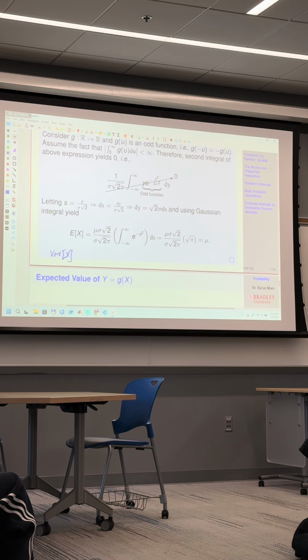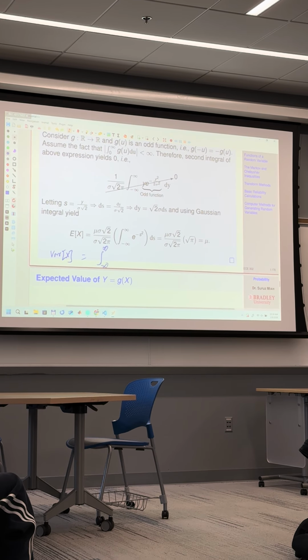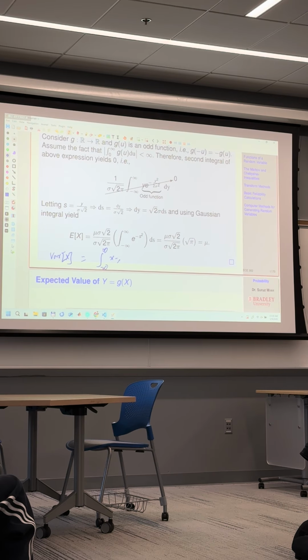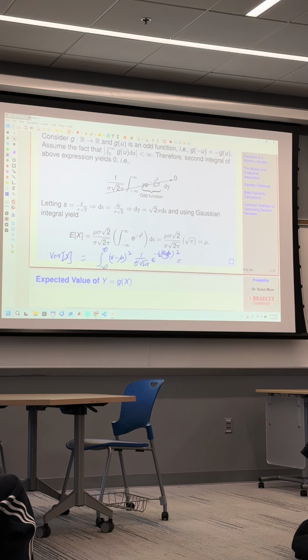Where x is a Gaussian random variable with parameters mu and sigma, you can see the integral from negative infinity to positive infinity of x minus mu squared, times 1 over sigma square root of 2 pi, e to the negative half of x minus mu over sigma squared, dx.